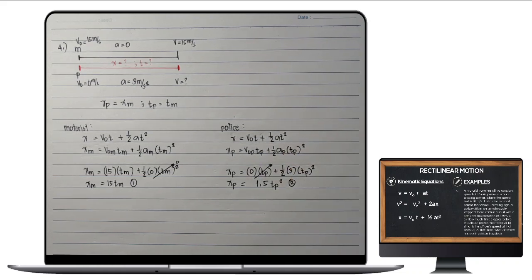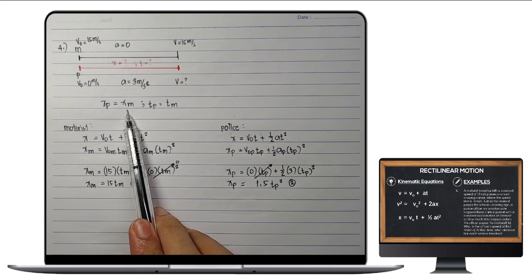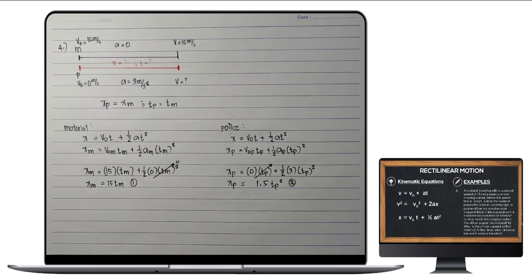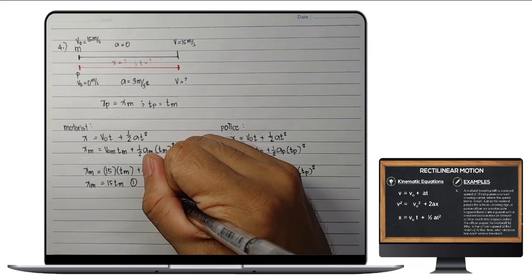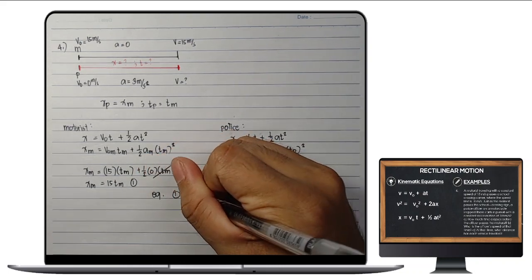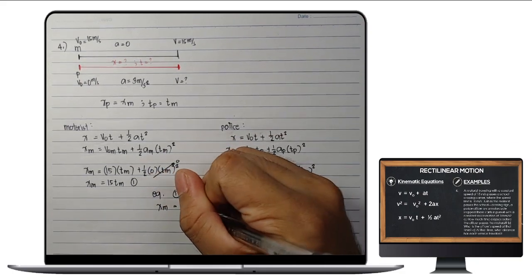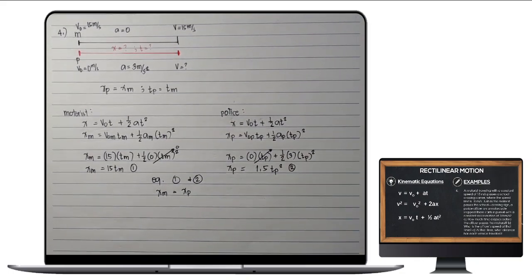But we said a while ago that x of the police is equal to the x of the motorist, and the time of the police is equal to the time of the motorist. So with that, we can equate equation 1 and equation 2, because x of the motorist is equal to x of the police officer.